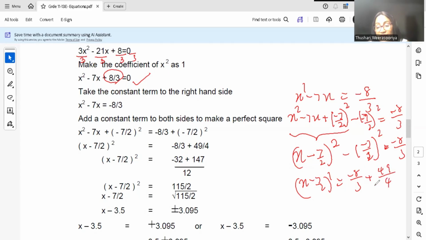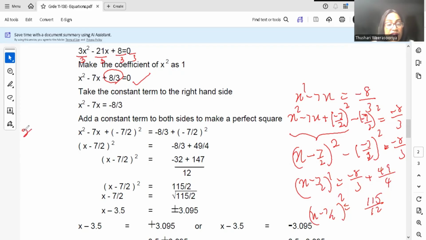Once you simplify this, you get 115 over 12 equals x minus 7 over 2 to the power 2. Now you take the square root of that. I'll write it here. The space is not enough. Can I write it here?